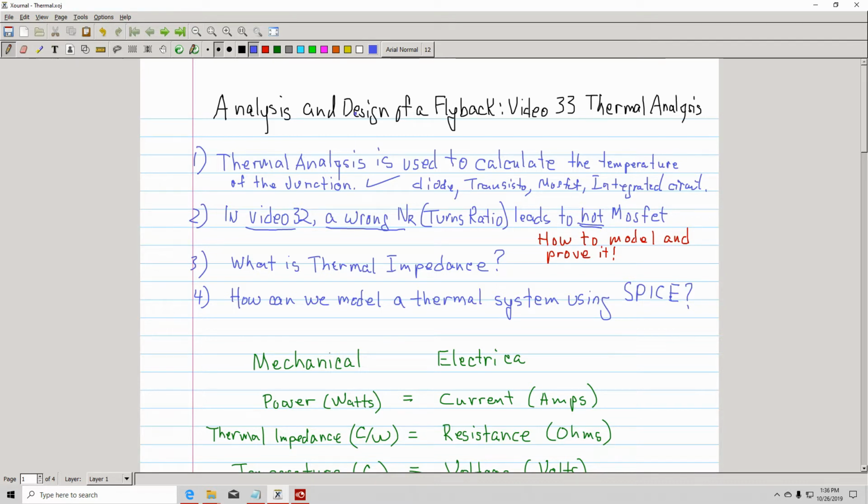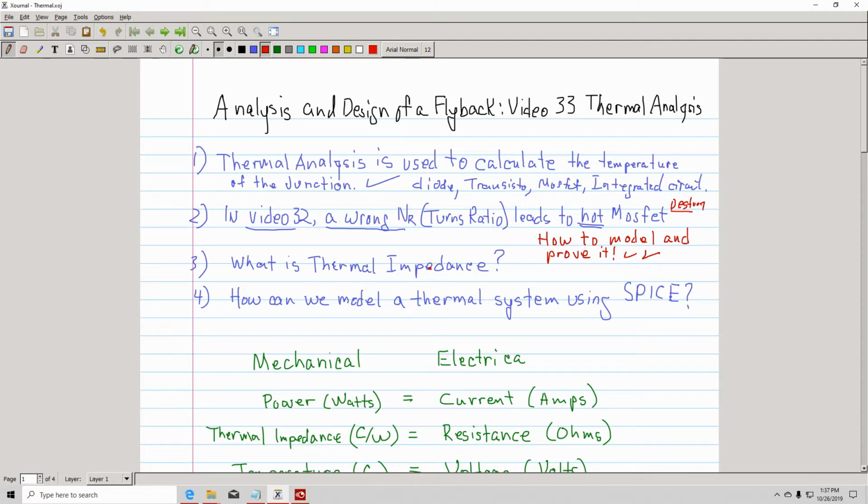I think I even said that if your MOSFET gets hot, it's going to get destroyed. In that video, it was just a statement. So I'm going to use this video to demonstrate how to model it and basically prove that the MOSFET would get destroyed. This video is an important follow-up to video 32. If you haven't seen 32, please watch 32 before watching this one.